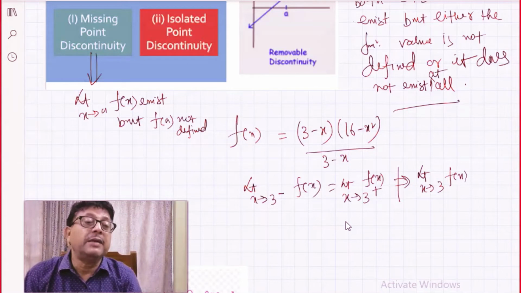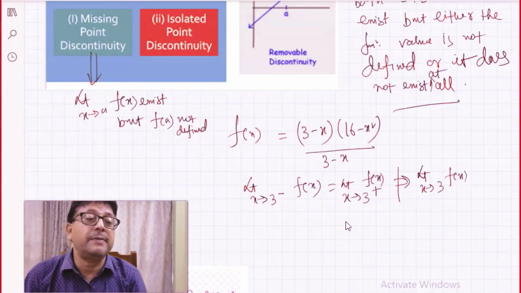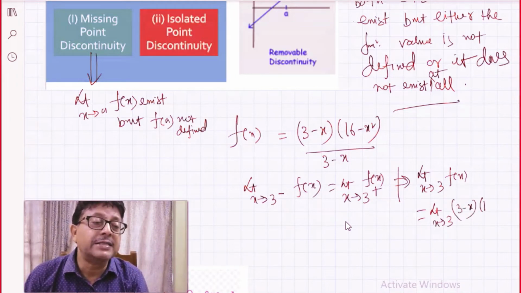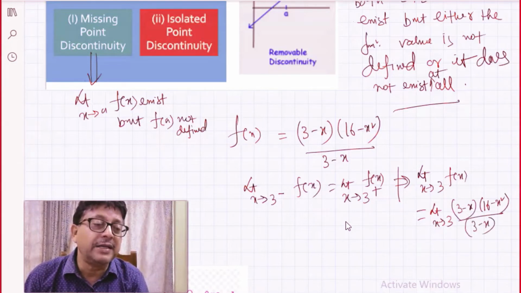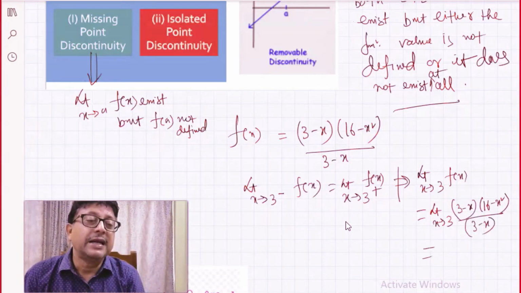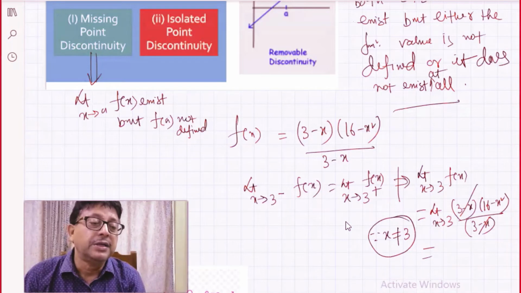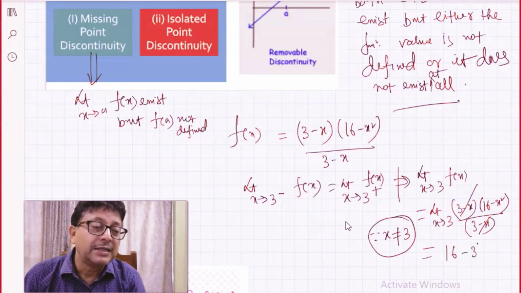find this limiting value without calculating the separate one. This is going to be limit x tending to 3 of (16 minus x square) by (3 minus x). Cancel these two, this is going to be, x not equal to 3. So this is nothing but 16 minus 3 square, 16 minus 9 equal to 7.